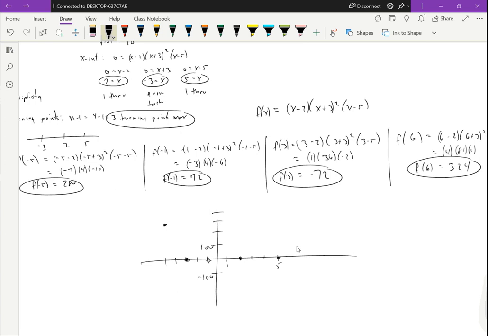F of negative 1, we're at 72, so about 3/4 of the way up. F of 3, we're at negative 72, so down in here. And f of 6, we're at 324, so it's going to be up in here. That means my graph is going to look something like this.